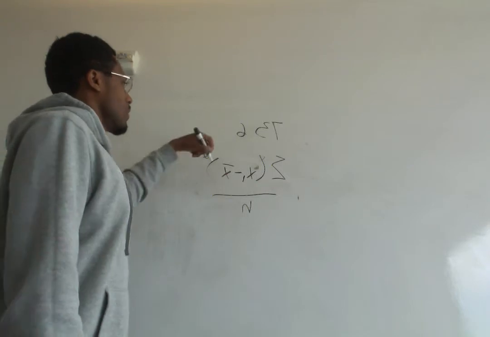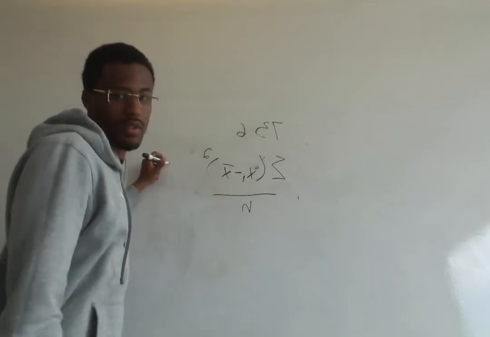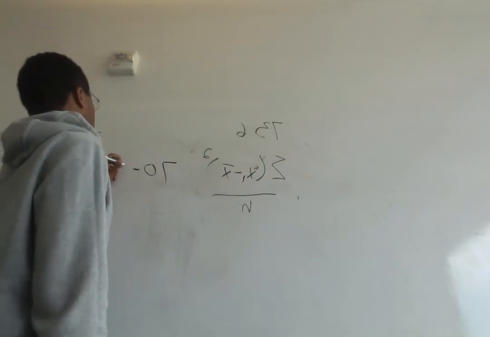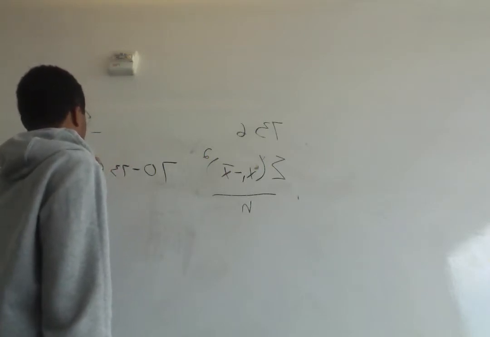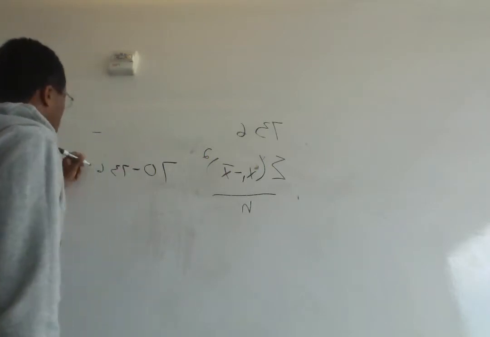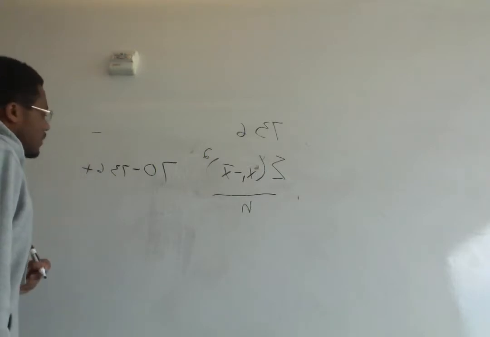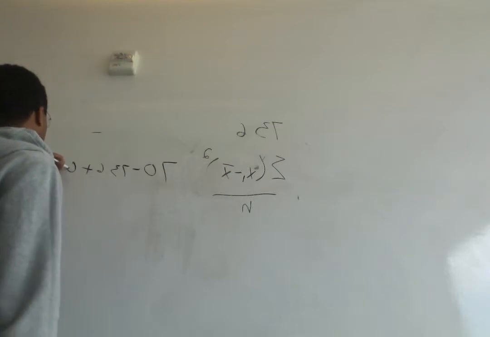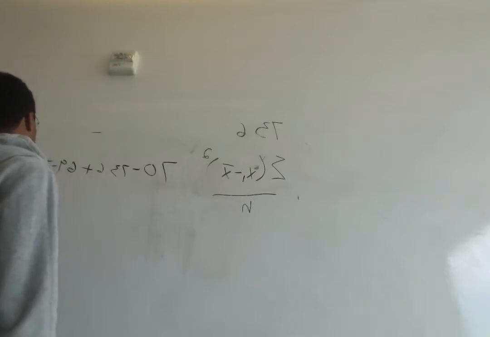So for the first one, it would be 70 minus 73.6. And you would add that to 69 minus 73.6.